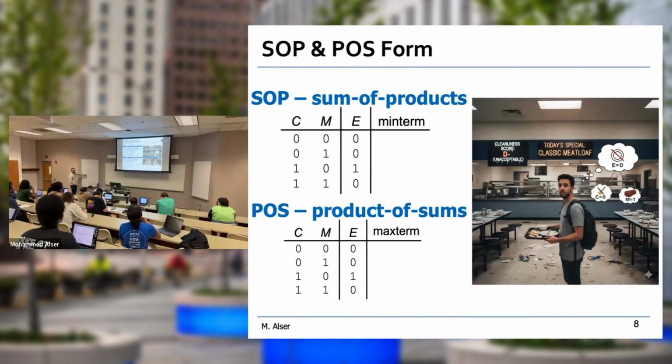Then how do we represent it? F of C and M equals summation F of C and M, which in this case is this min term, C M bar.